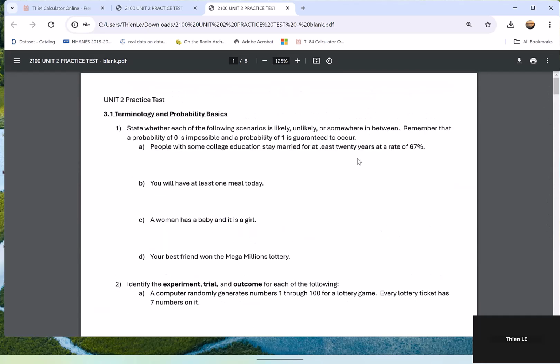each problem. In the first problem, about the basics of probability and terminology, state whether each of the following scenarios is likely, unlikely, or somewhere in between. And remember that a probability of zero is impossible and one is guaranteed to occur.